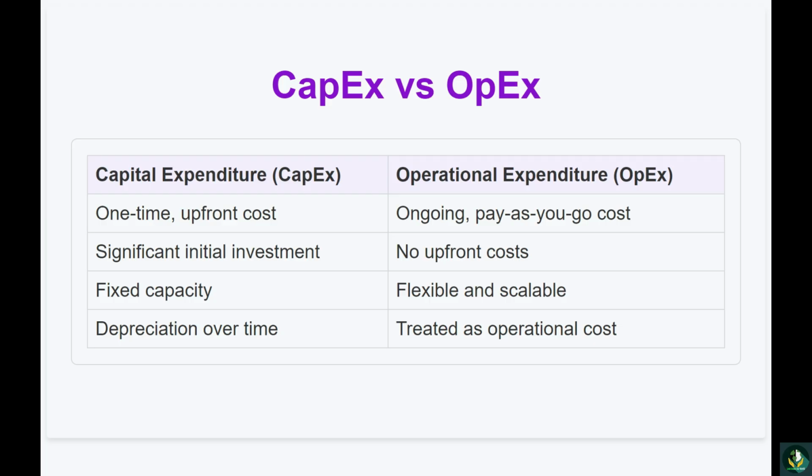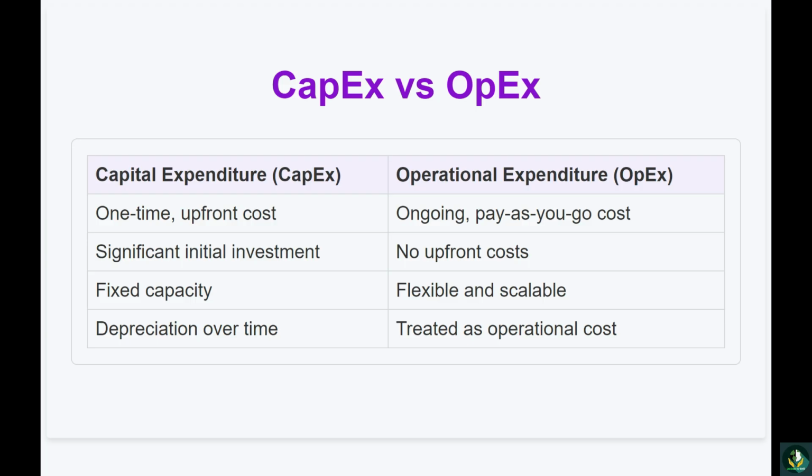On the other hand, operational expenditure, or OpEx, represents ongoing, pay-as-you-go costs. In cloud computing, the OpEx model allows businesses to pay only for the resources they consume when they consume them. This model eliminates the need for significant upfront investments and shifts the responsibility of infrastructure maintenance to the service provider.